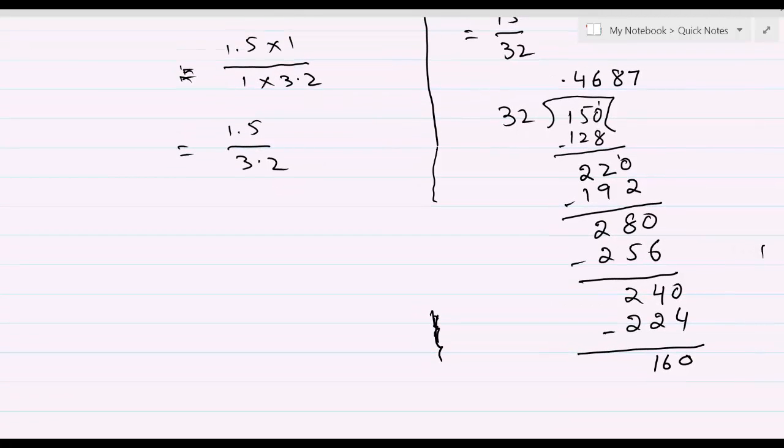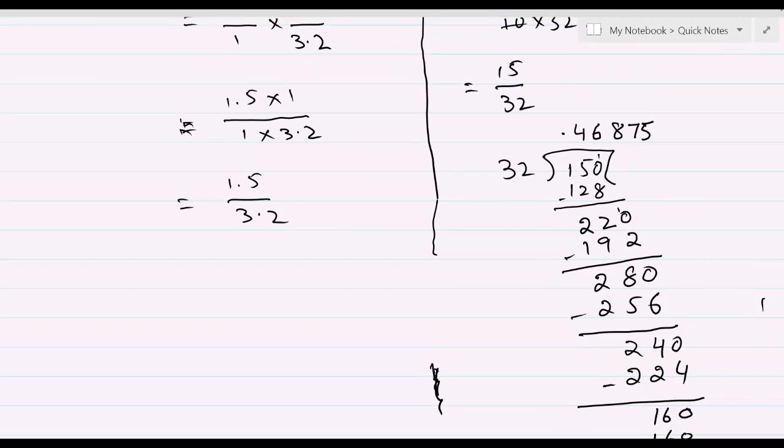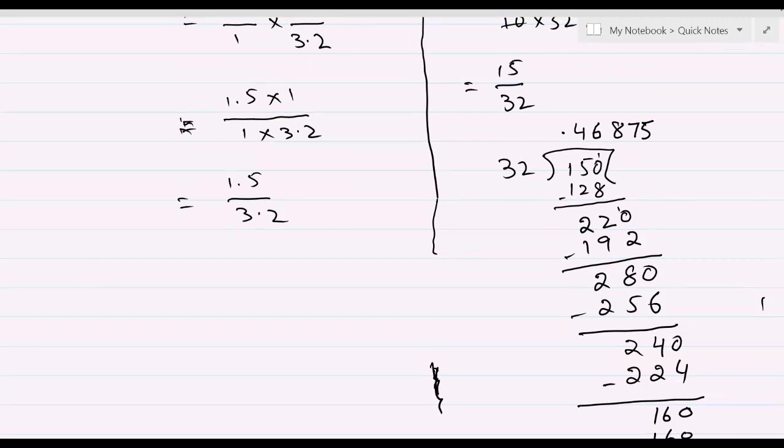So now if we read the table of 32 up to 160, it will go exactly; 32 times 5 will be 160, and there is 0 remainder. When there is 0 remainder, it means we have converted this fraction into a decimal.